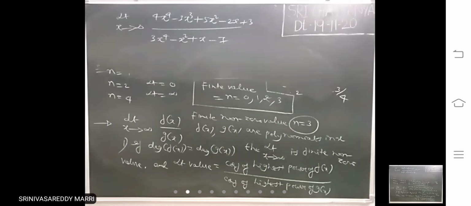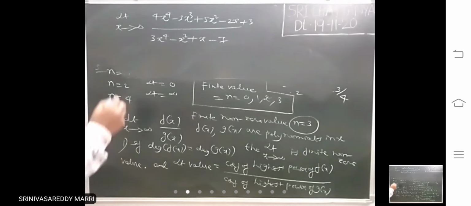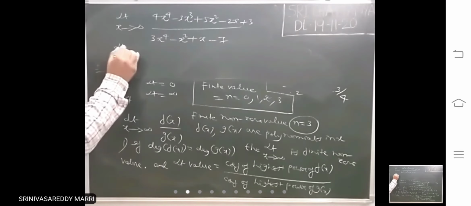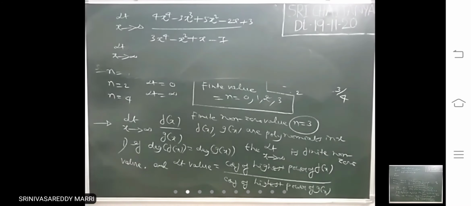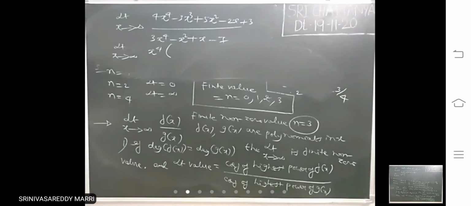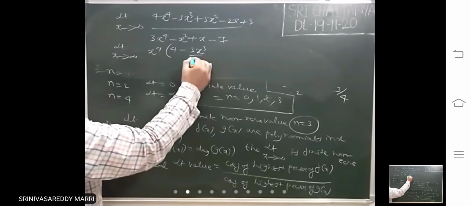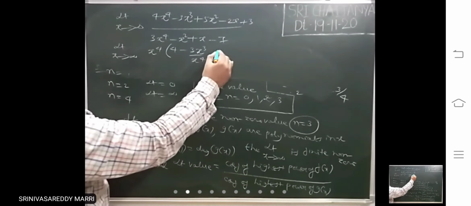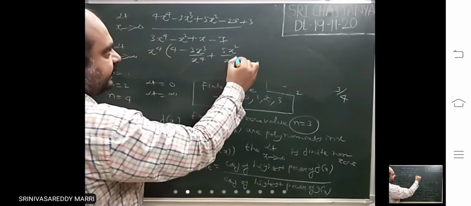This is a polynomial, and the degree is 4. Now, for infinity problems, always what we do is take the highest degree common in the polynomial. X power 4 we will take common. That means 4 minus 3x cube divided by x power 4, 5x square, and so on; if you take common, divide.